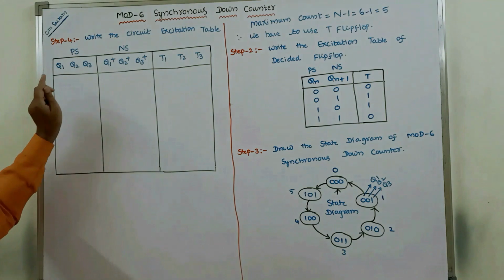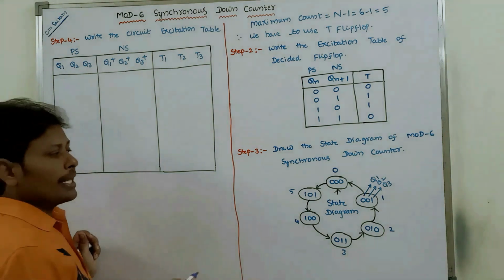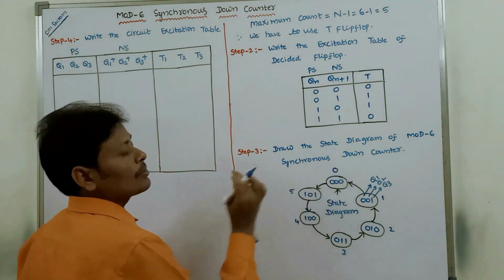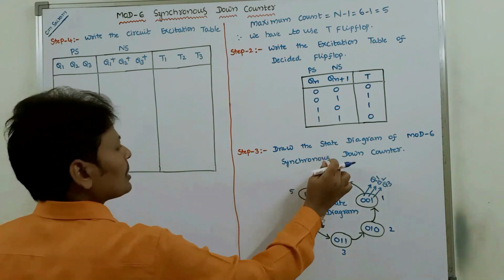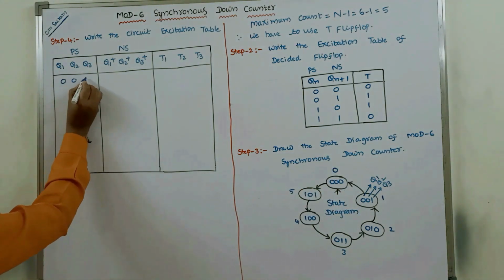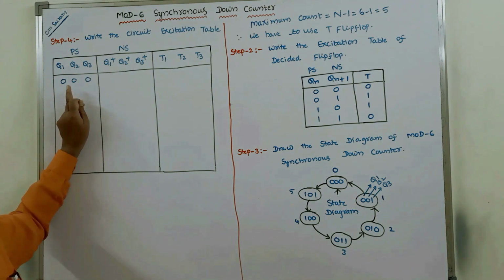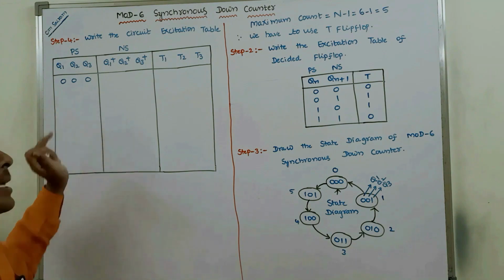Now, first starting with present state. In the present state, the state diagram starts with the 0 state. So 0 state contains 3 bits that are 0, 0, 0. When the present state is 0, 0, 0, what is the next state?